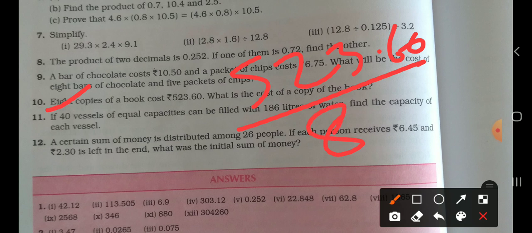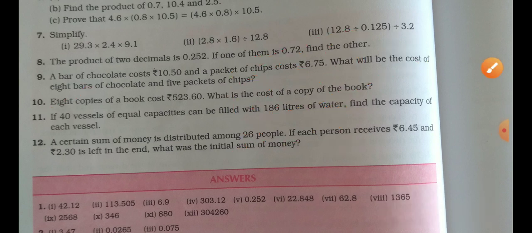Then we can easily find out the cost of a copy. Yes, student, try yourself. You have to divide this 523.60 rupees by 8. Try yourself. Come to the next question number 11.